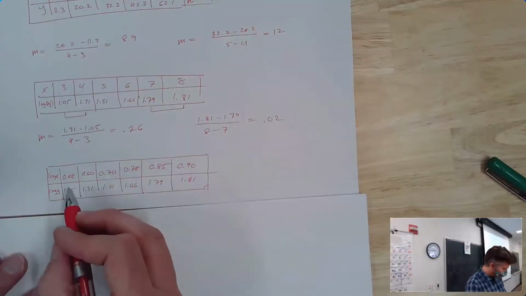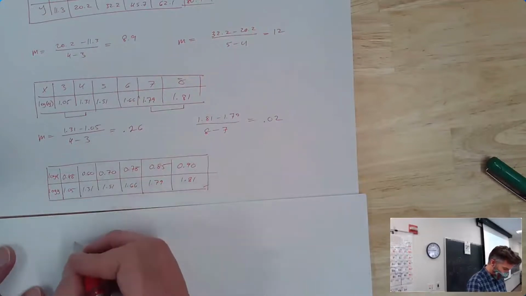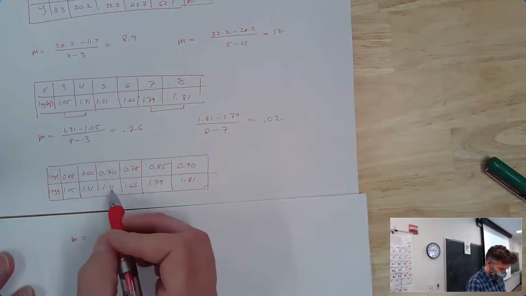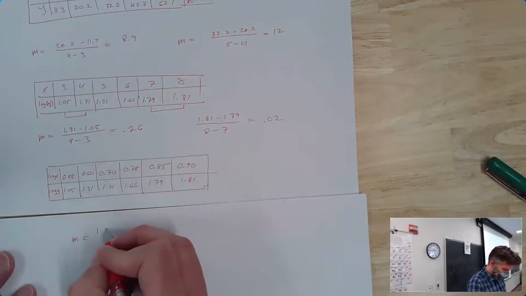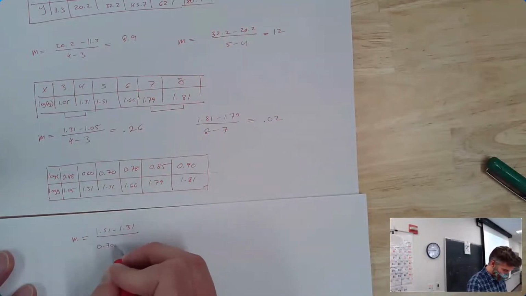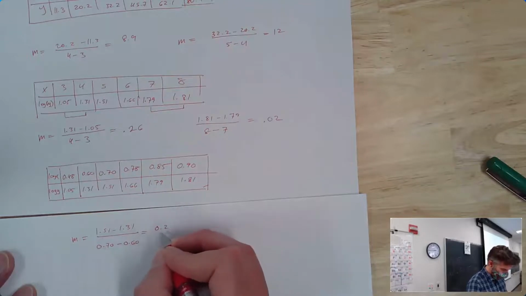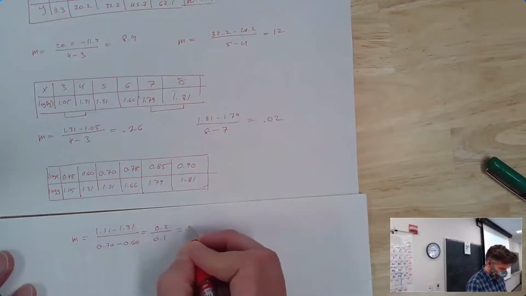So let's look between these 2 points. This looks nice. My slope there is going to be the difference in the y's over the difference in the x's. That's going to be 0.2 divided by 0.1, which is 2.